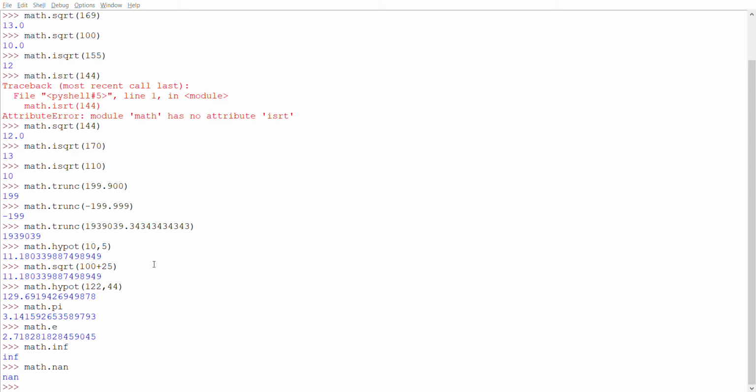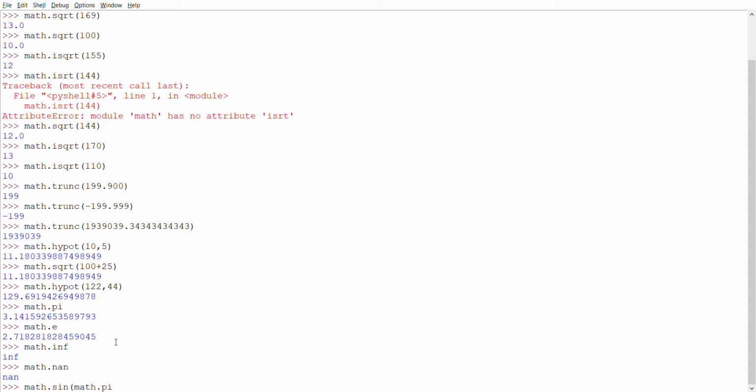Okay, let's go with trigonometric functions, just like sin theta, cos theta, tan theta, right? Let's check with that also. Start with sine. Sine basically takes the input parameter in radians. What does that mean?